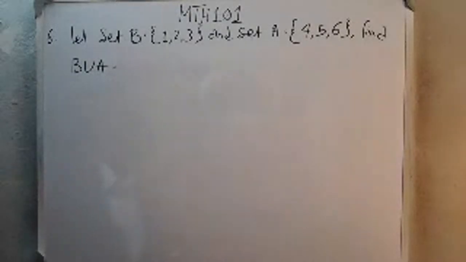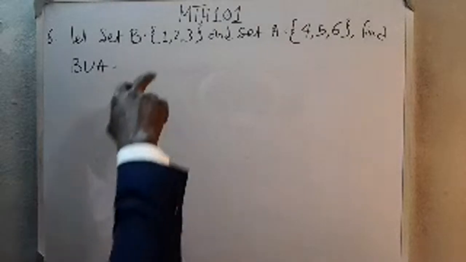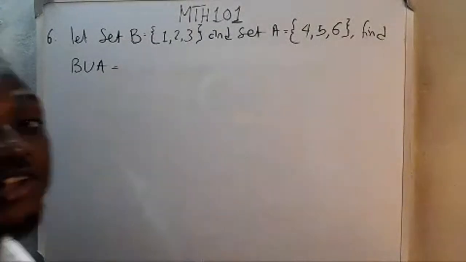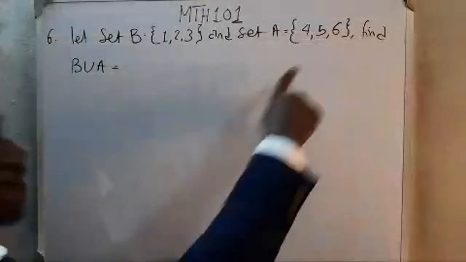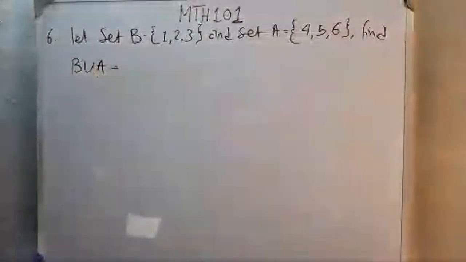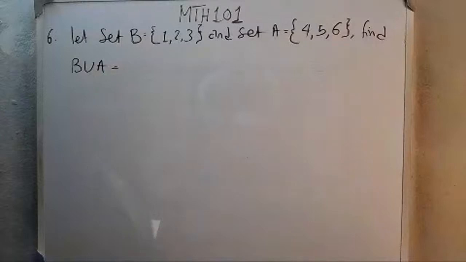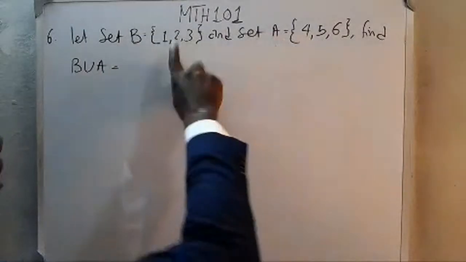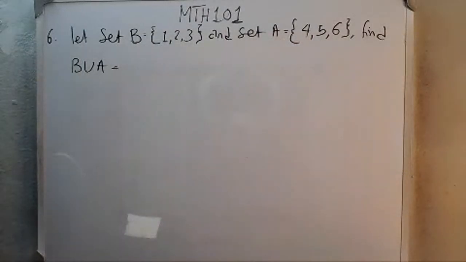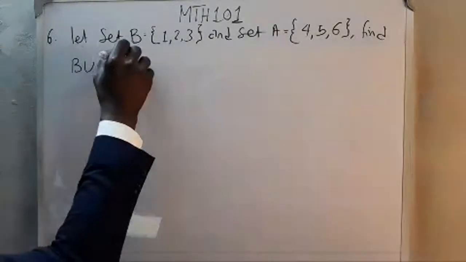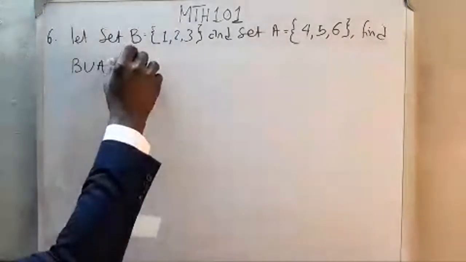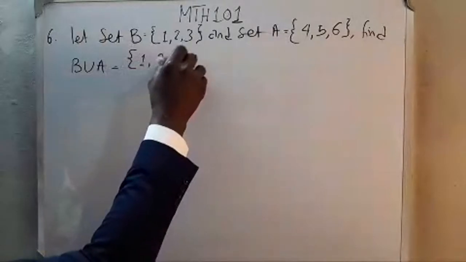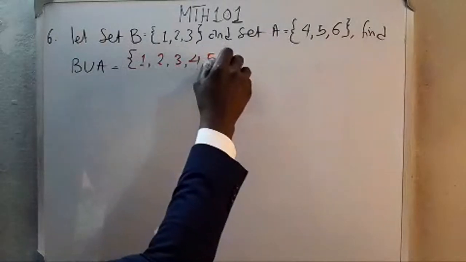B union A is simply telling us to combine set B and set A. Therefore, the combination of these two makes the union, which is 1, 2, 3, 4, 5, 6.